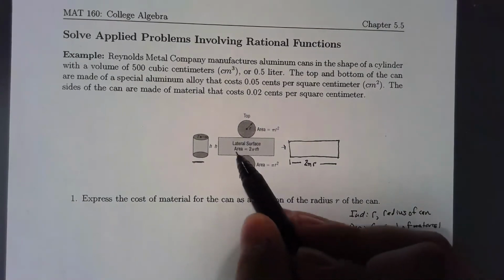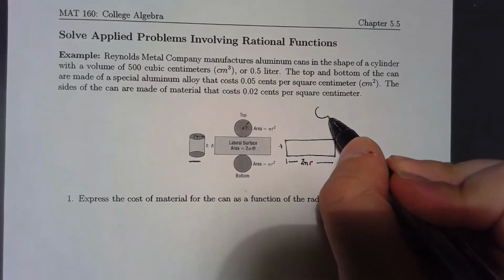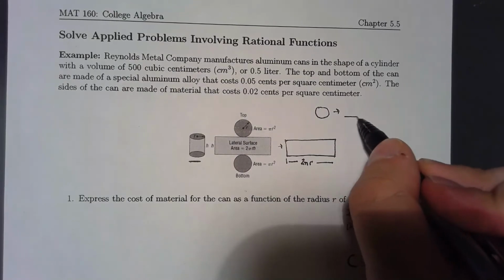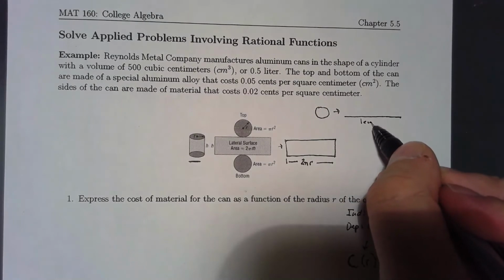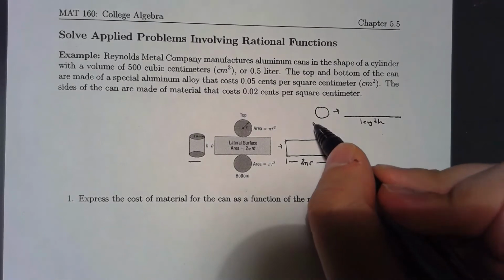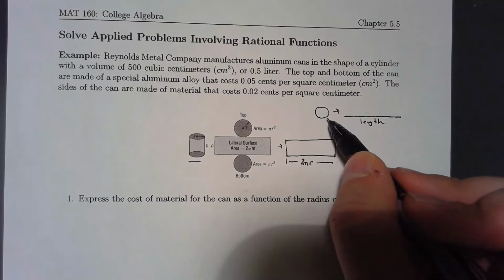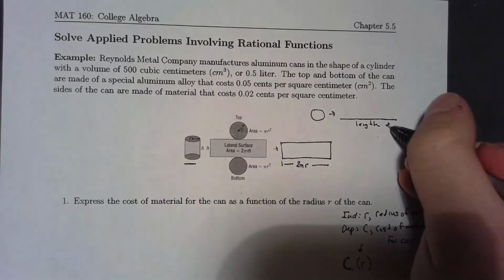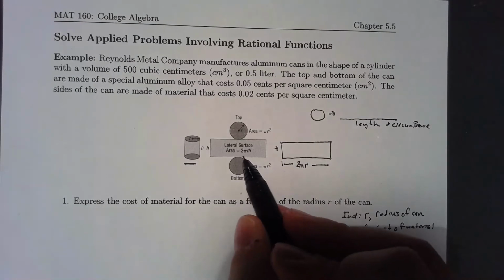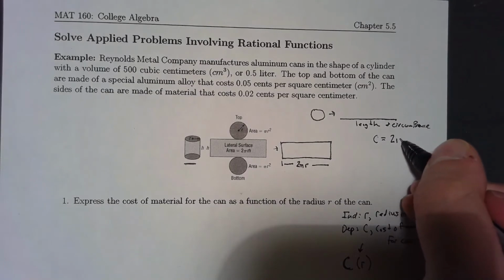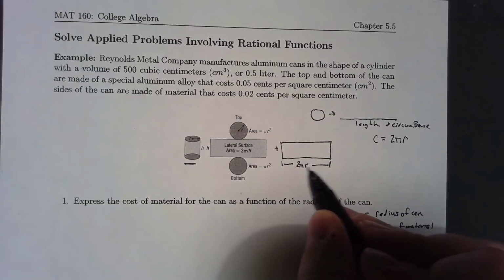If you cut the circle and lay it out, you get the length. The circumference formula is, from geometry, circumference equals 2 pi r. So that's where that comes from.